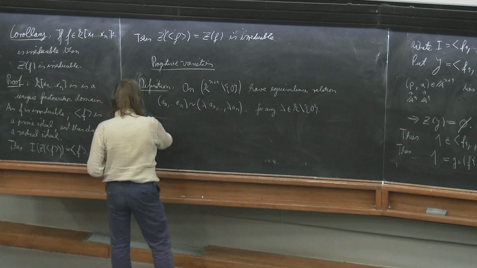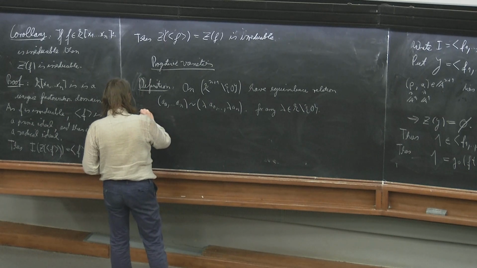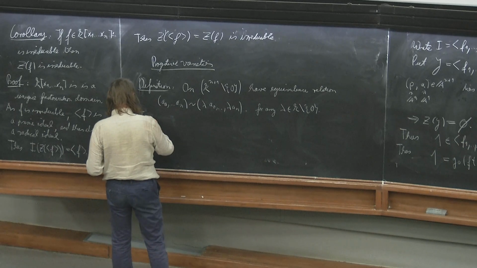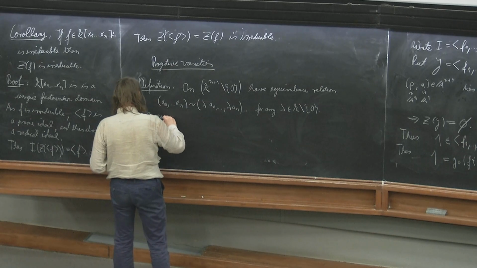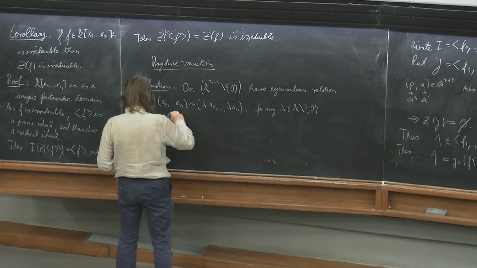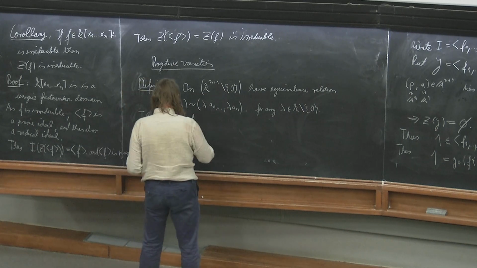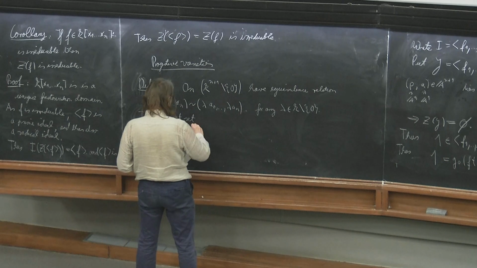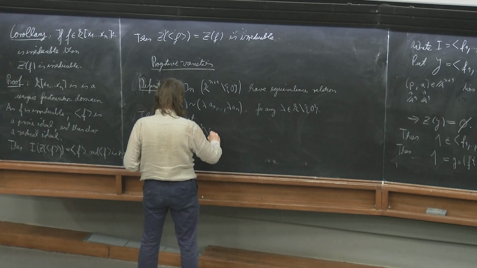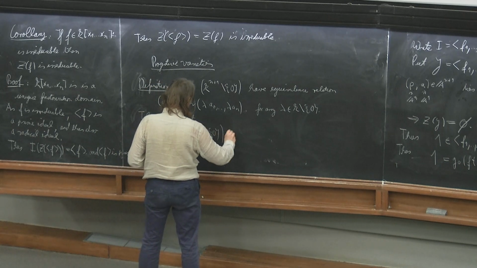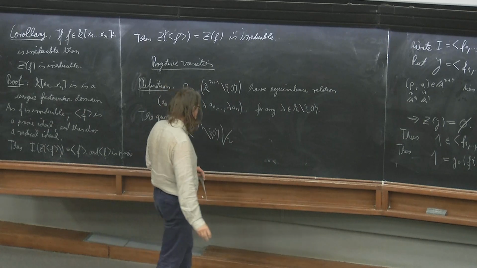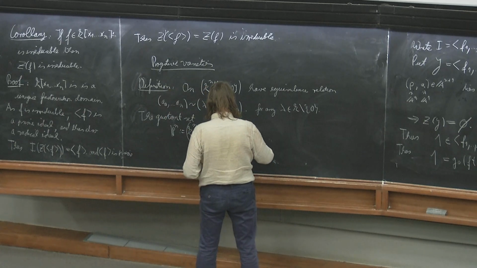So this quotient we call projective space. The quotient set, which I call Pn, which is K^(n+1) without 0 divided by this equivalence relation, is called n-dimensional projective space.